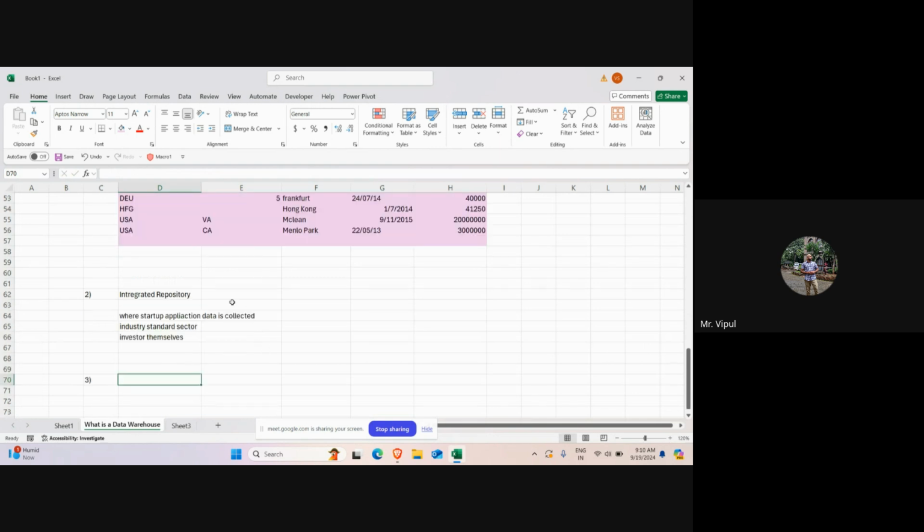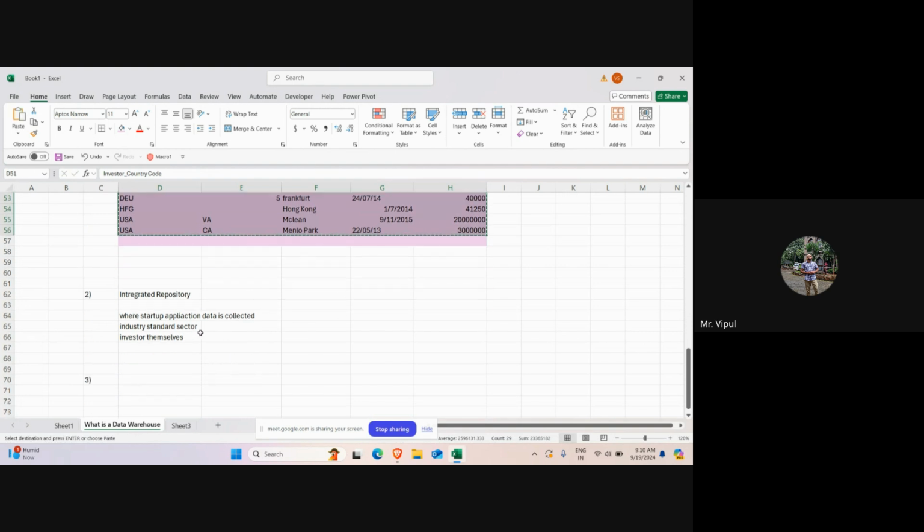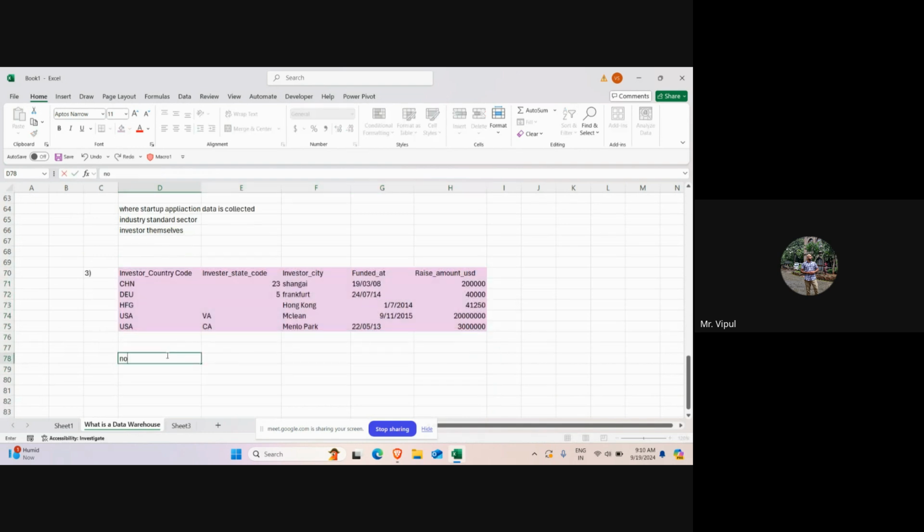What do you mean by non-volatility? Suppose I have this data, I cannot remove this data once it is created. That means non-volatility. So it also prevents data from being erased or deleted.